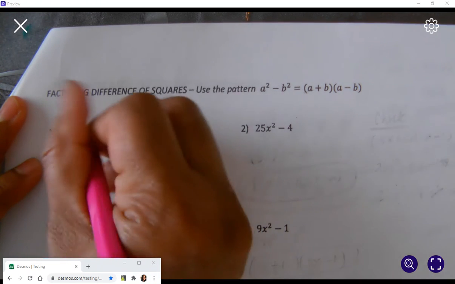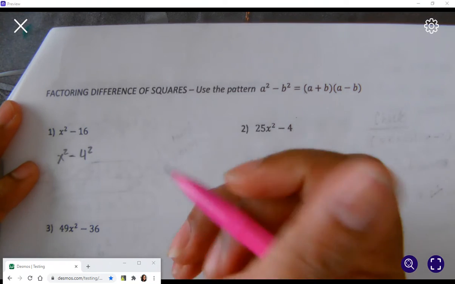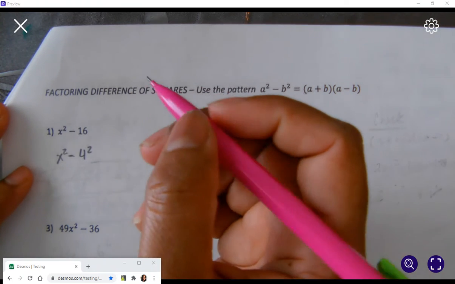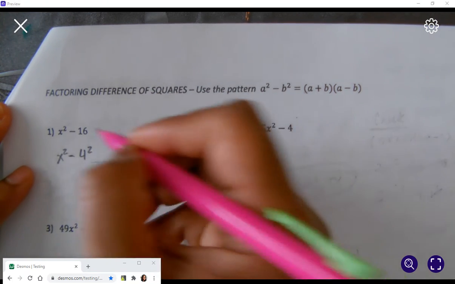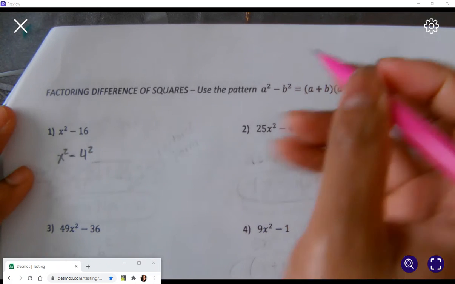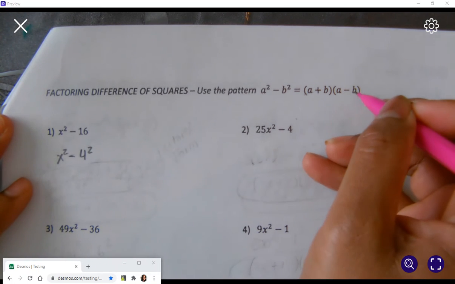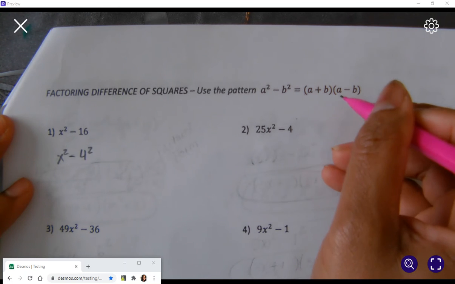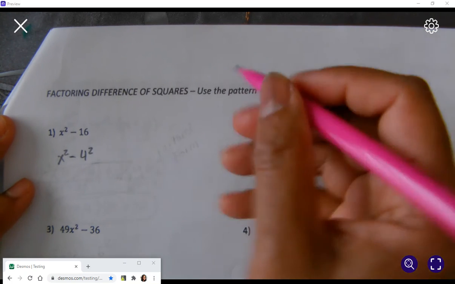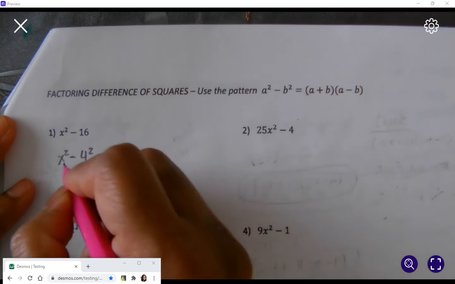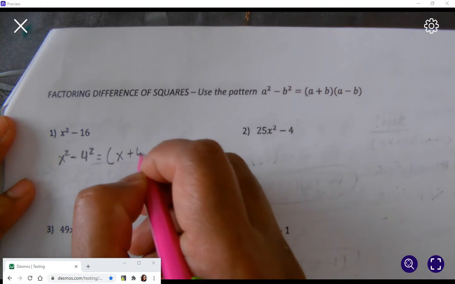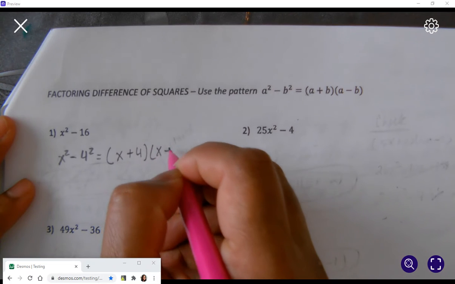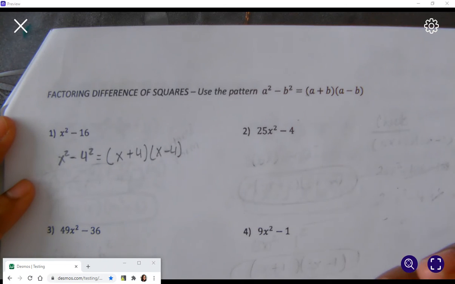So since 16 is a perfect square, we can take the square root of 16 and use this little formula. We have a plus b, and then a minus b. So you would just do x plus 4 and then x minus 4, and that's it.